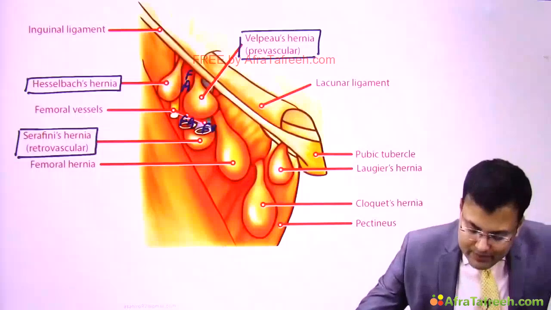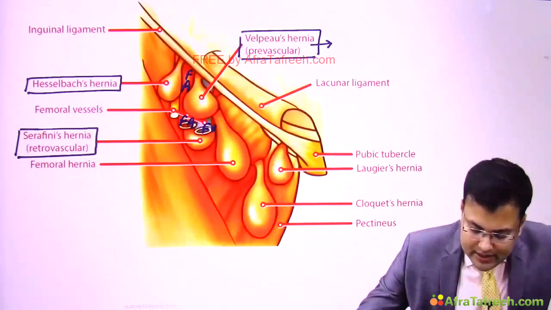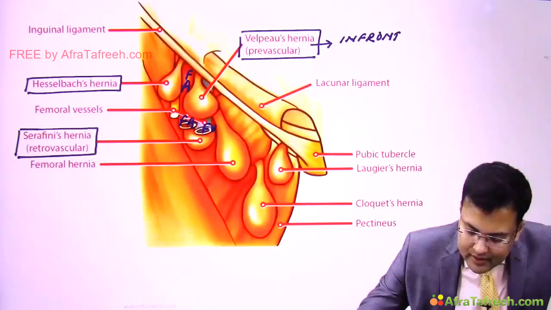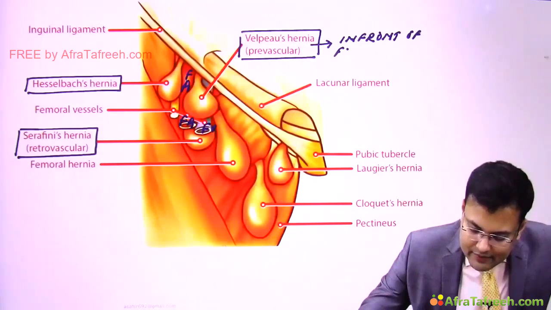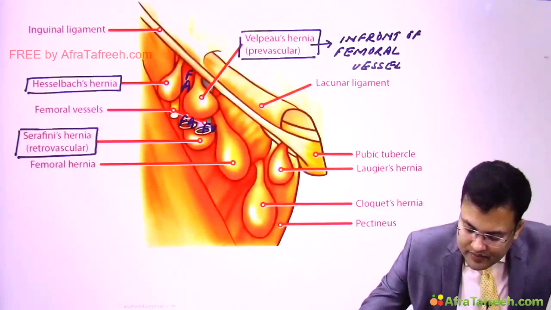So Velpu's hernia, also known as prevascular, is located in front of femoral vessels. Clear?